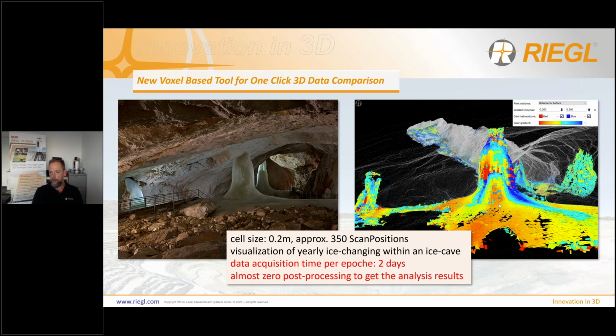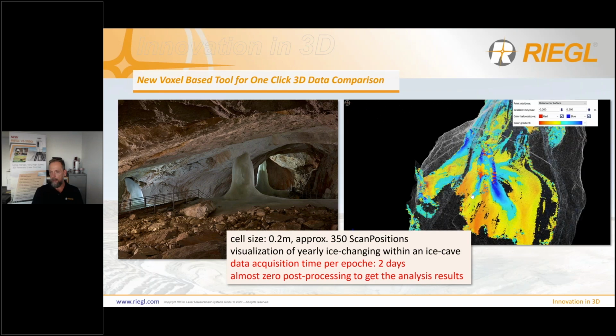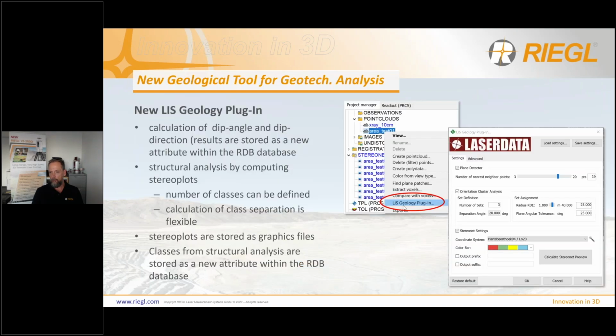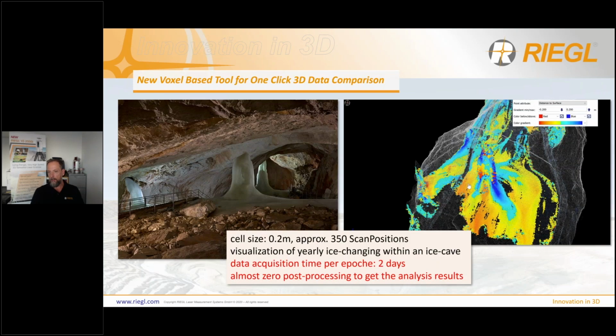And we have here also a nice animation, which is not really working now online, but it shows you again, with just 2 mouse clicks, we have the whole analysis of ice decrease and increase of the whole cave.